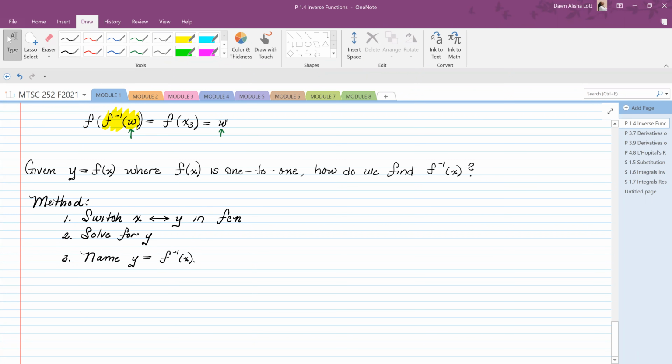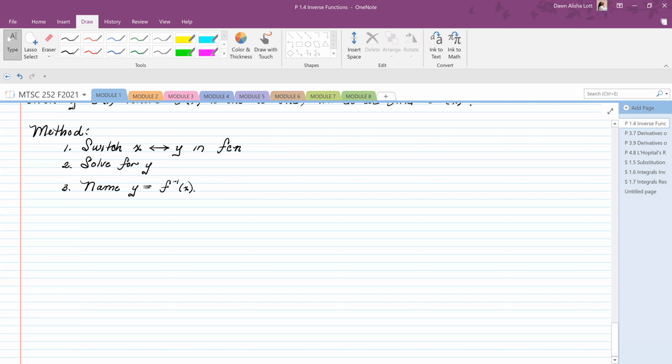Now, this does not always work. There are going to be many functions we cannot find the inverse of. They're just too difficult. Some are going to be rather easy. So here's an example.